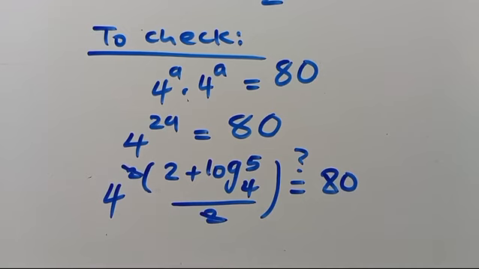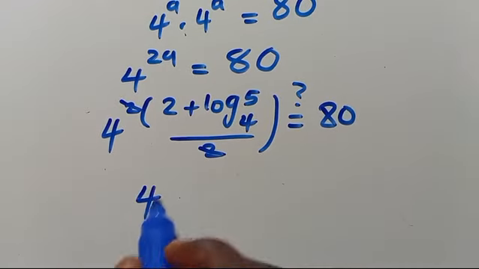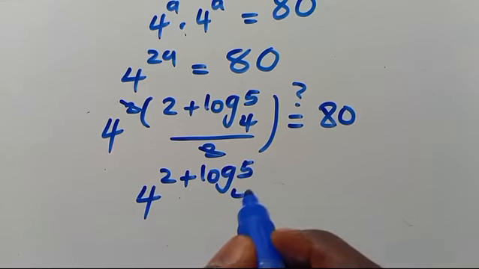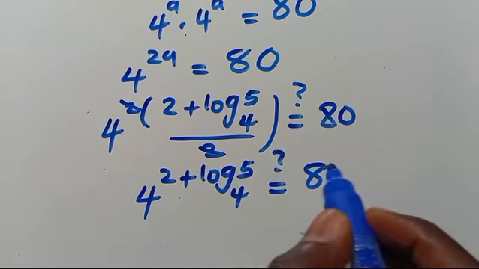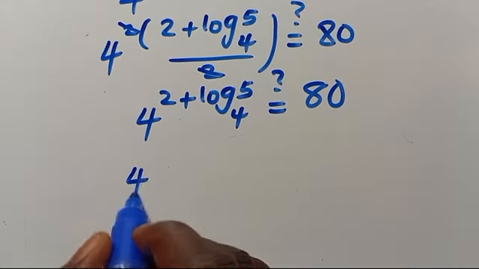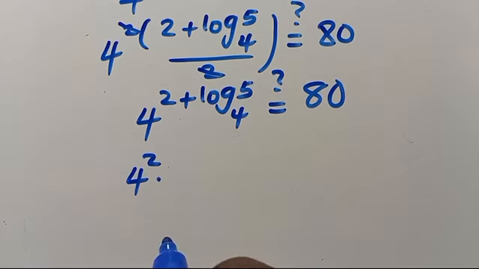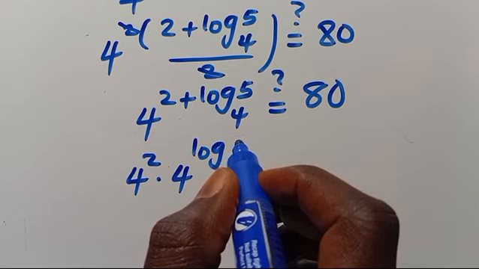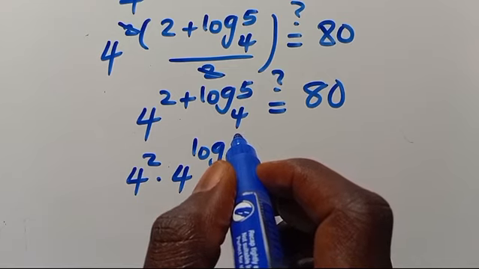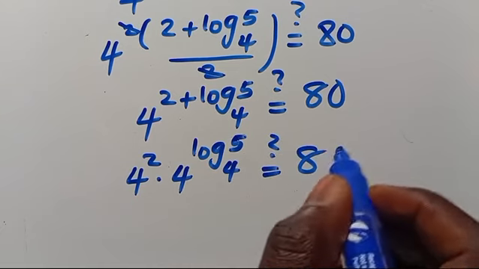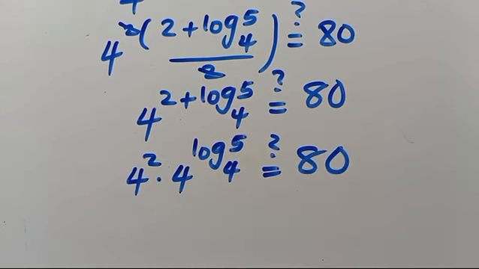We cancel out the 2s. 4 to the power of 2 plus log 5 in base 4 is going to give us 80. This will be 4 to the power of 2, times 4 to the power of log 5 in base 4, giving us 80.